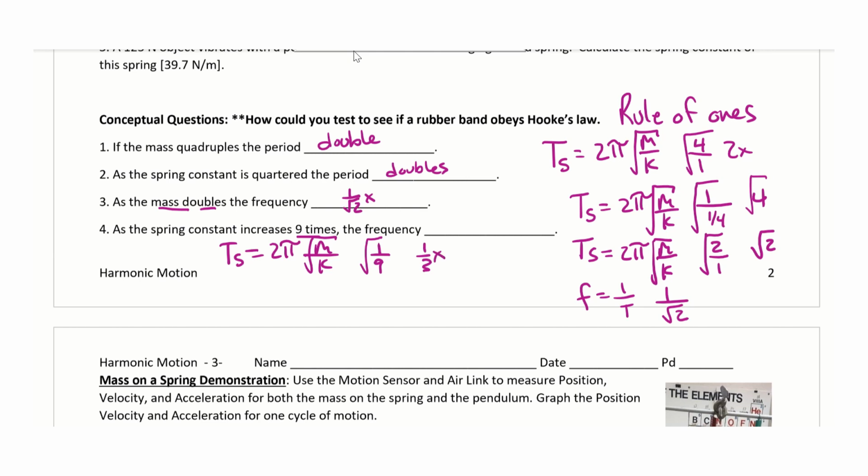So period is going to change by a factor of 1/3, but frequency and period are reciprocals. So if period is 1/3 of the original amount, you can see that 1 divided by 1/3 is going to be 3 times the original amount. So when my period changes by a factor of 1/3, my frequency is going to triple. So that is the mass on a spring equation. Period is equal to 2 pi times the square root of m over k.